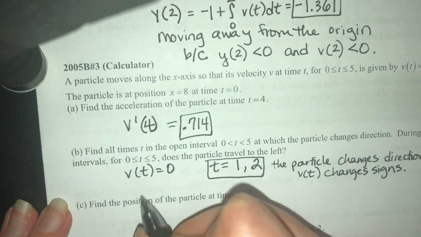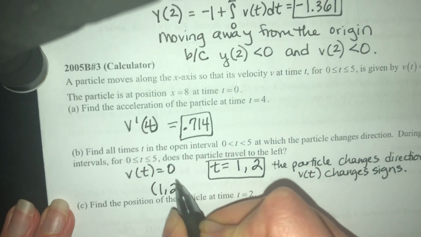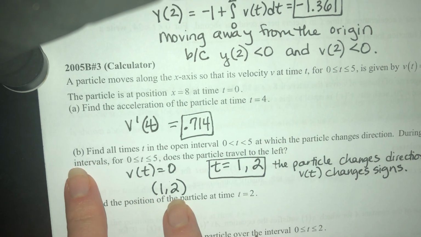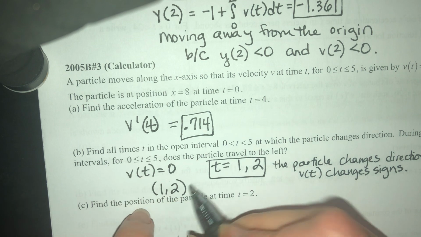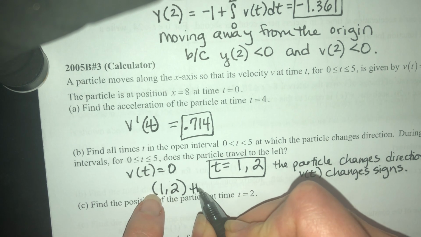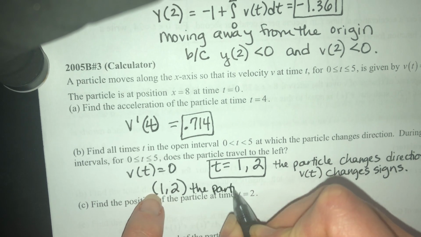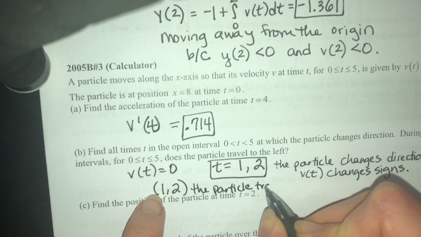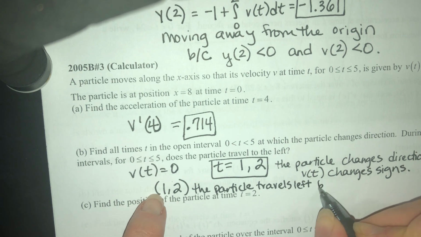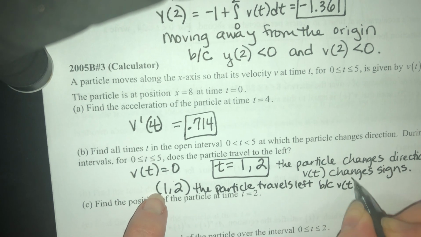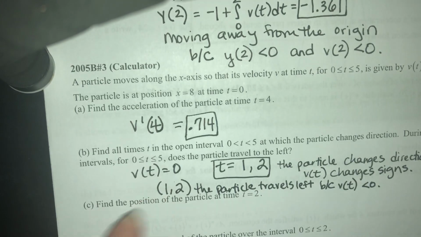So it's going to be the interval from 1 to 2, during which time interval, so I've answered with an interval. Does the particle travel to the left? So the particle travels left. And I'm going to say because the velocity is negative.